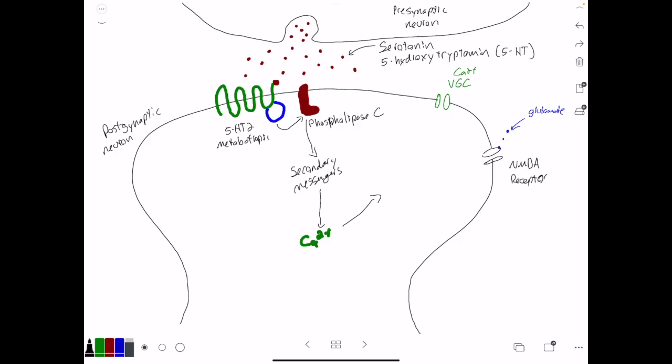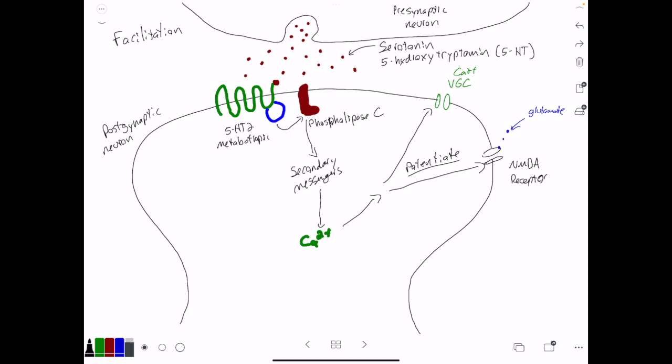And so this signaling cascade here will, in this example of facilitation, and let me just write that up here so we don't lose track of it, it can, to use a fancy word, potentiate.